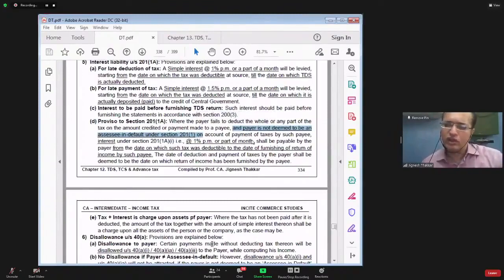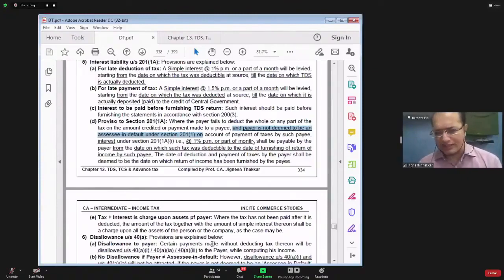When the payee has taken into account that income which was received without TDS, the payee has paid the tax on his total income, and the payee has filed the income tax return within the due date. Those three conditions are fulfilled by the payee, and the payer has taken the certificate to this effect from the chartered accountant and has submitted the copy of the certificate to the income tax department. In that case, we say that the payer will not be deemed to be assessed in default.